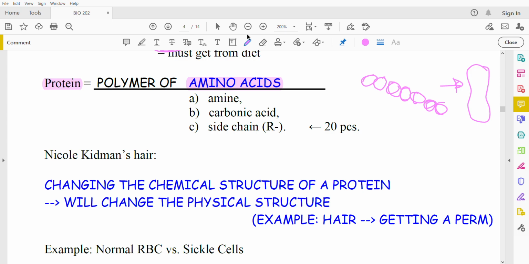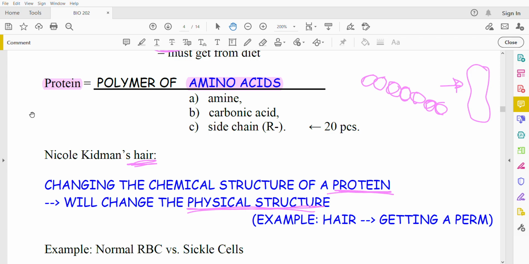So hair is made of a protein, and if we change the chemical structure of a protein, the physical structure of the protein will also change. So, for example, when Nicole Kidman got a perm, she was chemically changing the protein structure of her hair, and that changed the physical appearance of her hair as well.